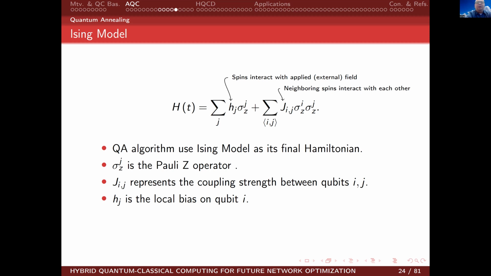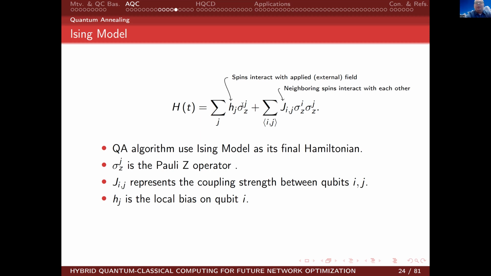Here, the sigma z represents the Pauli Z operator. It's a matrix, and h_g represents the local field on qubit g, and the capital J describes the relationship between two qubits.